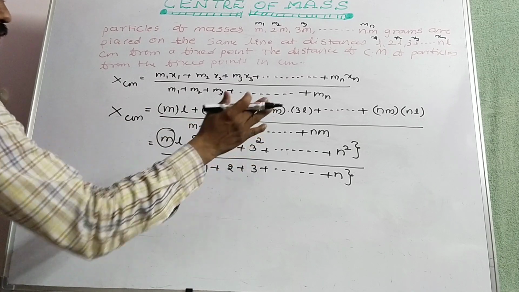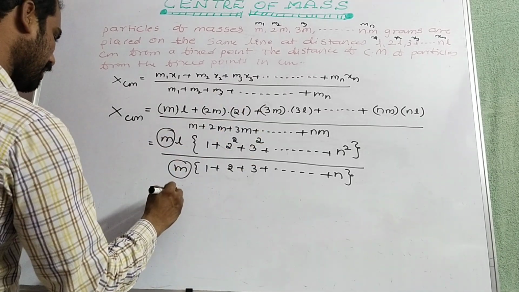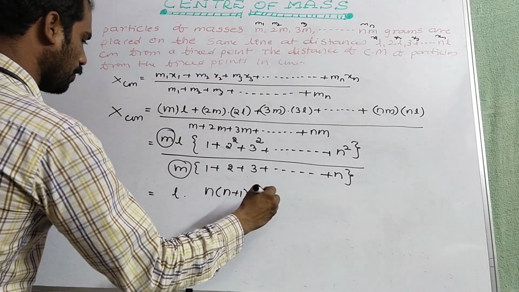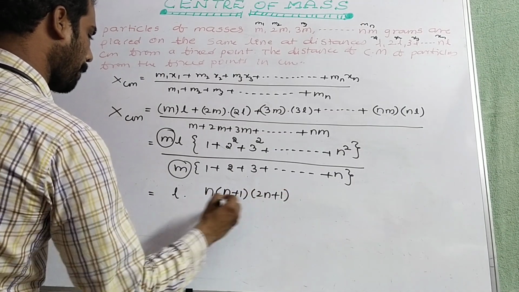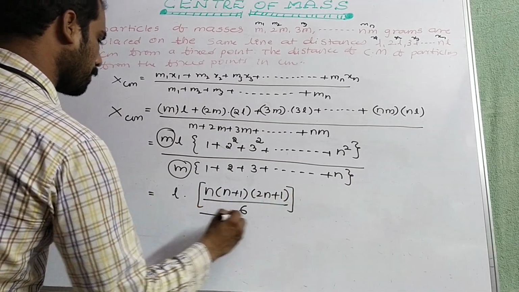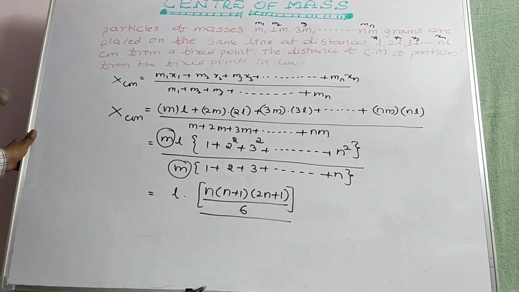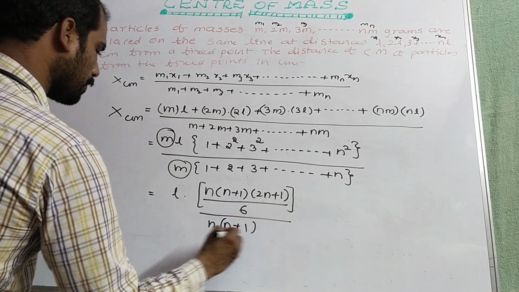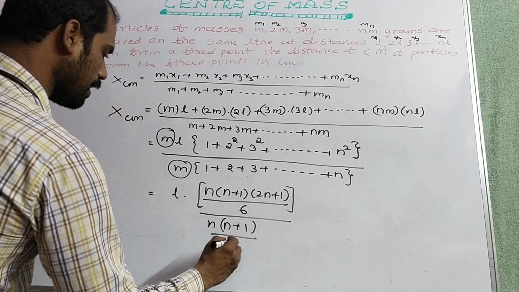Now it can be written using the progression formulas: L into n into (n plus 1) into (2n plus 1) by 6, and in the denominator we also have n into (n plus 1) by 2, which is the expression for the progression.